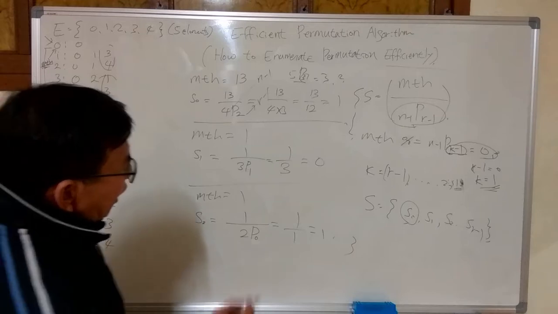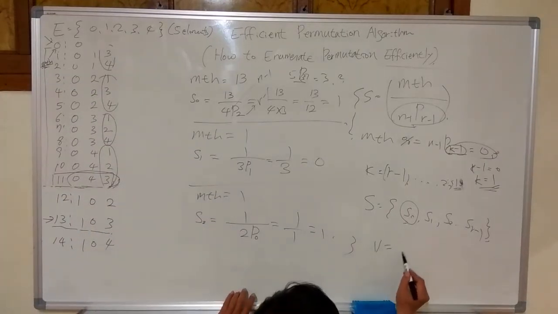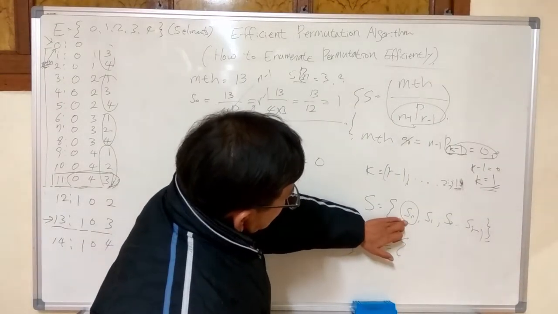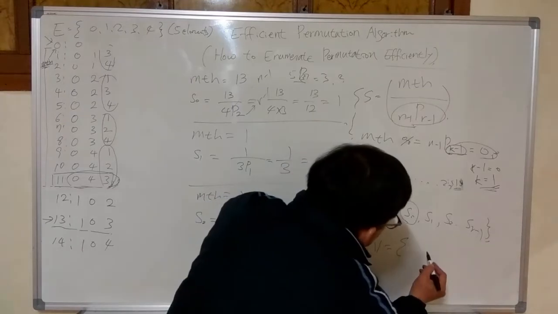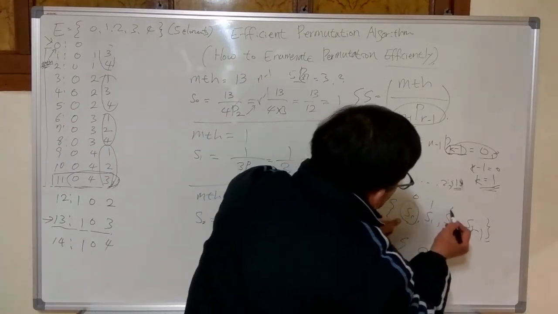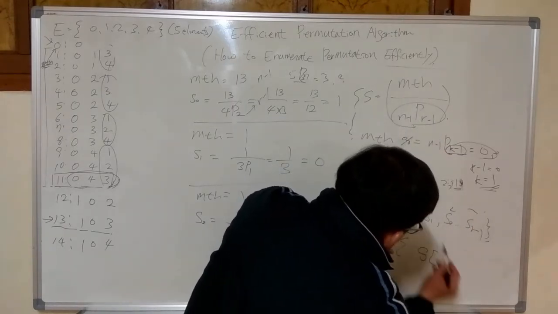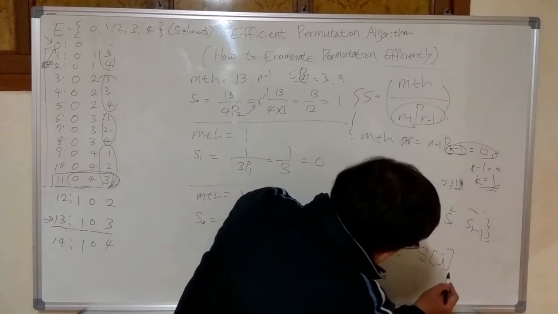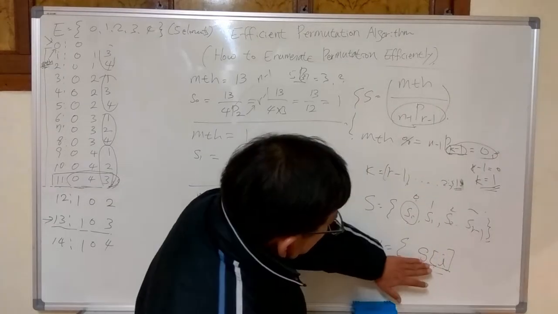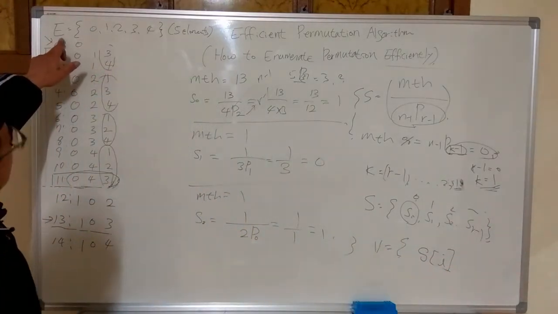So V will be like this. Elements of V will be the index of S, this is 0, 1, 2, 3, 4 like this. This is the index of this element, S0, S1. So here this is not correct. We have to put like this.